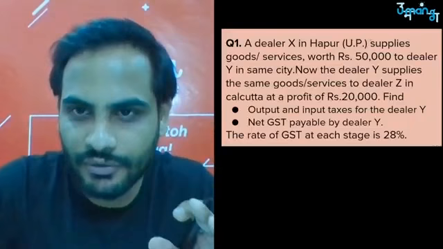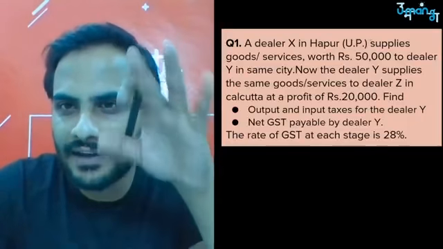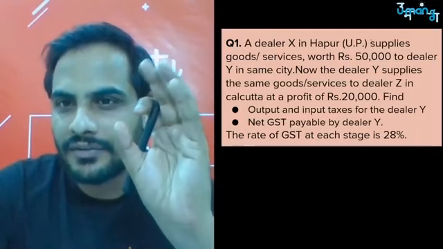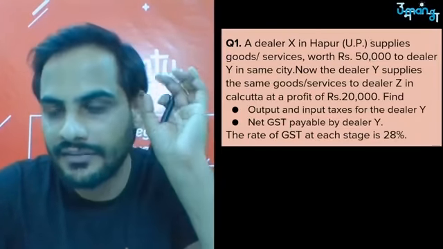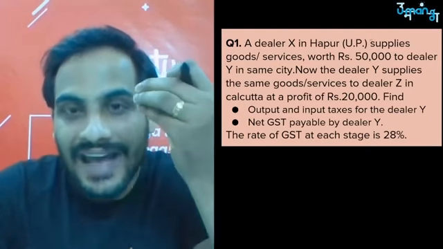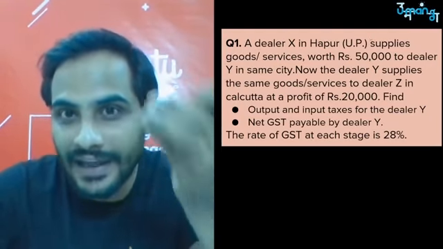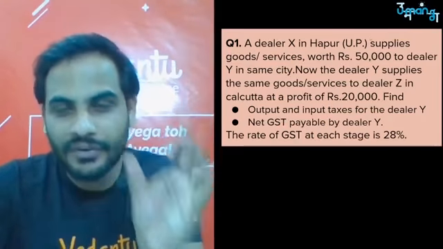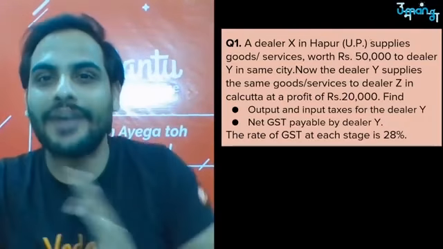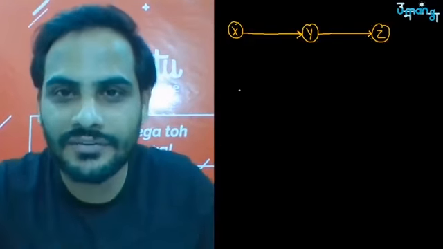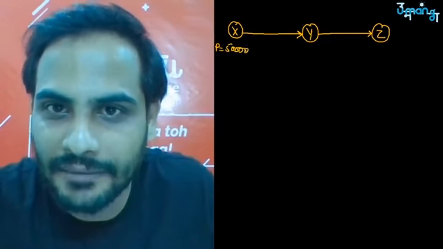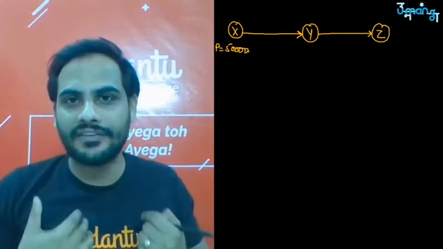In the question, if you read carefully, X is in UP, Uttar Pradesh, and sells goods worth rupees 50,000 to dealer Y in the same city. That means X has sold this item to Y. So this 50,000 is the selling price for X, and the cost price for Y. Here X is the seller and Y is the buyer.